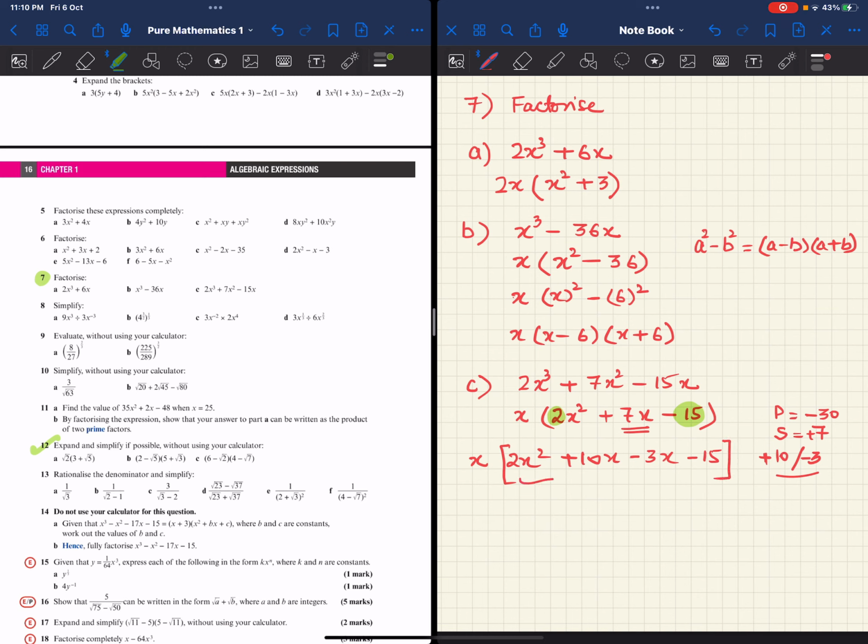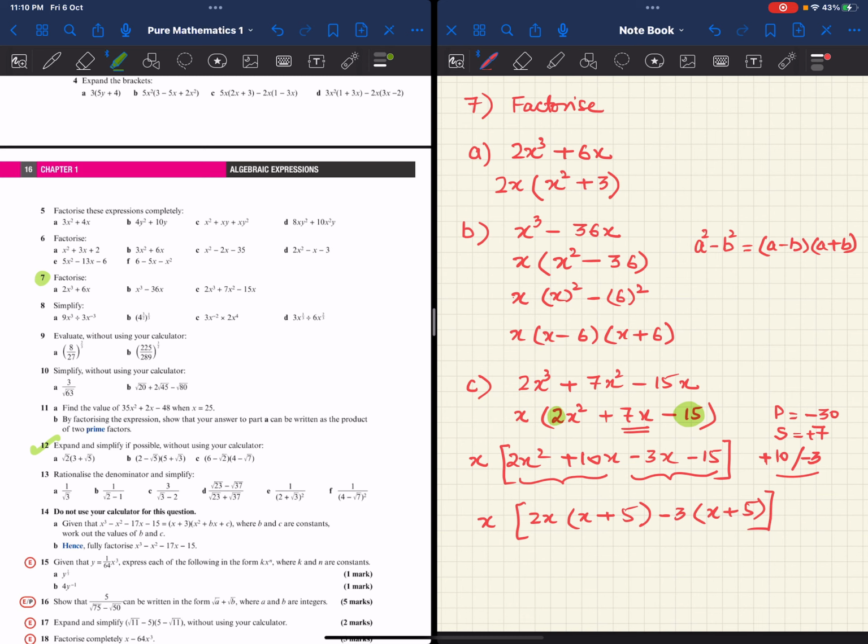Now we can remove common factors from the first two terms and from the last two terms. So we have x into, from the first two terms, 2 and x common, so what is left inside is x plus 5. And from the last two terms we have negative 3 common, so what is left inside is x plus 5.